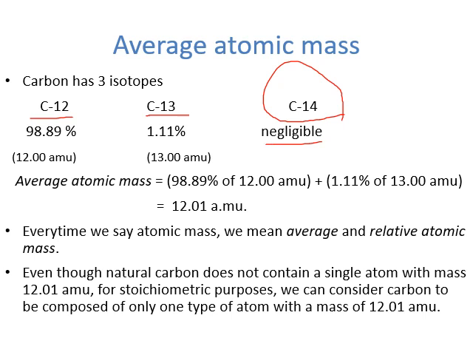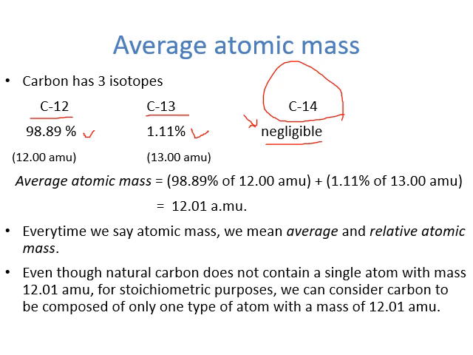Mostly we find 98.89% of C12 and C13 around 1.111%. Carbon 14 is negligible because it is too small. These two combined become nearly 100. C12 brings 12 AMU, C13 brings 13 AMU. This one is negligible, so you don't need to calculate.